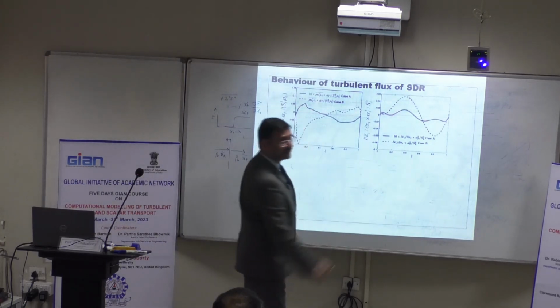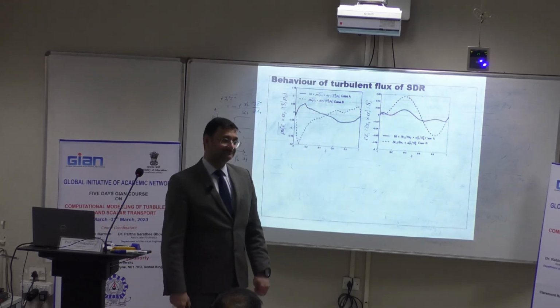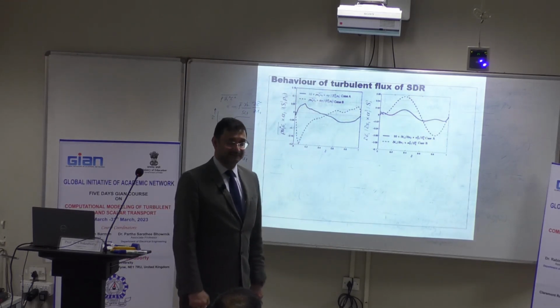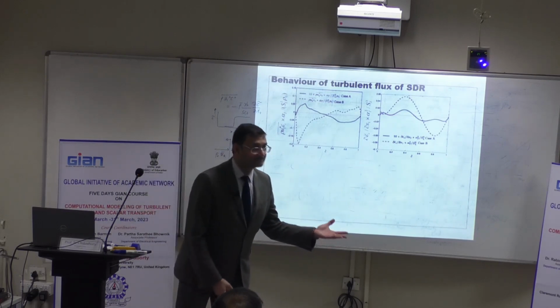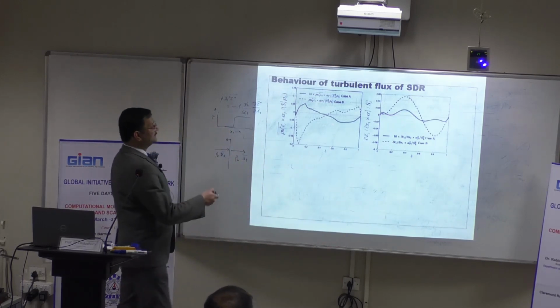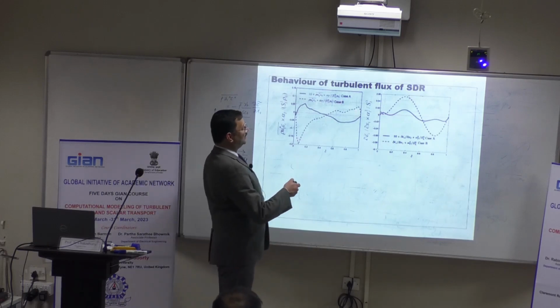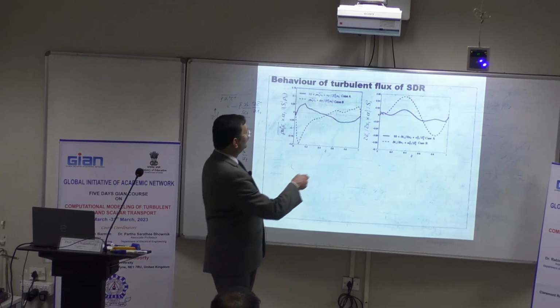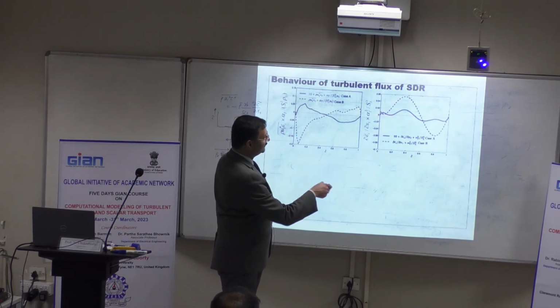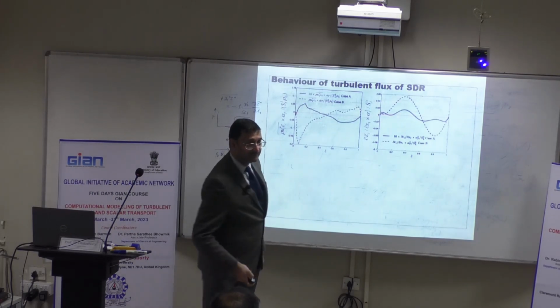You will see mostly the same sign. So the scalar flux of scalar dissipation rate also can show counter gradient behavior. Case B corresponds to a higher turbulence intensity, lower Damköhler number. It shows mostly gradient type of behavior. The zero value is shown here. Okay.